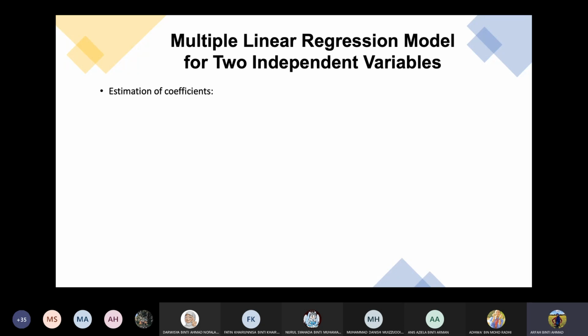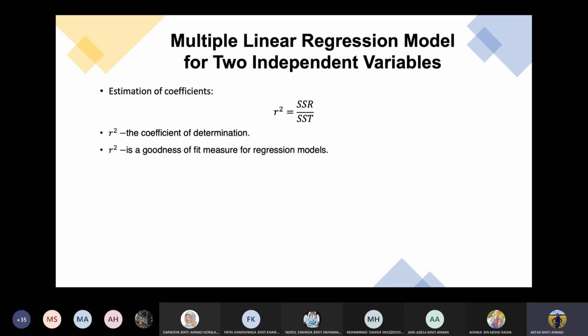Okay. So kenapa kita kena kira SSR, SST and also SSE? Sebab kita nak tengok coefficient of determination. That means kita nak tengok apakah nilai R squared. R squared ni untuk tengok berapa bagus dia punya fit to the model. Okay. So R squared is the coefficient of determination. It is a goodness of fit measure for regression model.